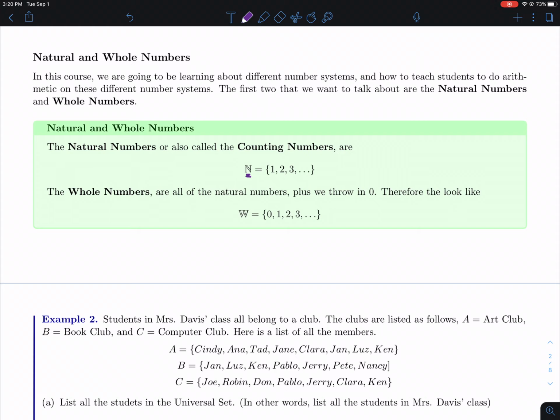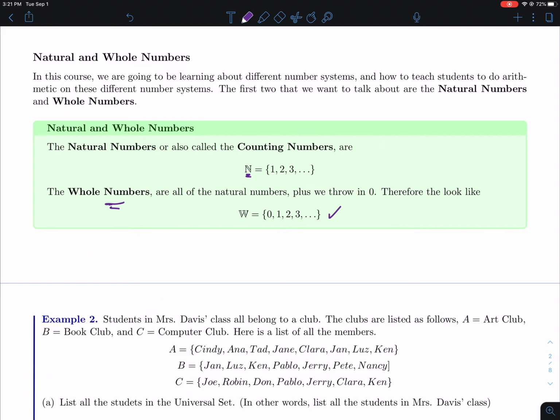The whole numbers are almost exactly like the natural numbers, except they throw in 0. So keep that distinction in mind. It's very subtle, but they are slightly different. Counting numbers, no 0. Whole numbers include the 0 in our list. We're going to use that more in the next section.